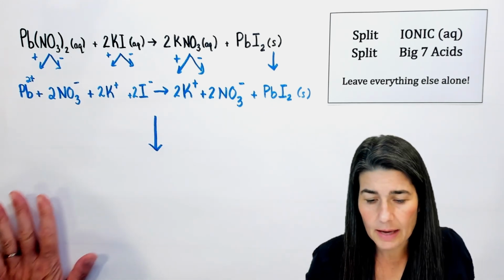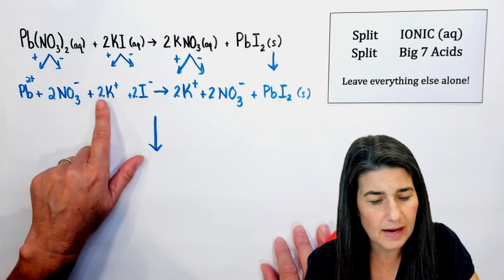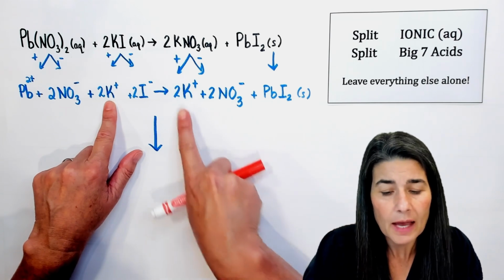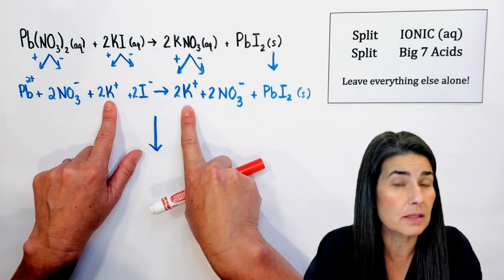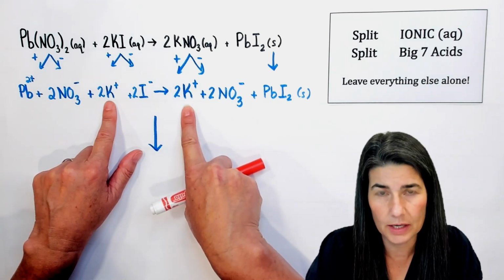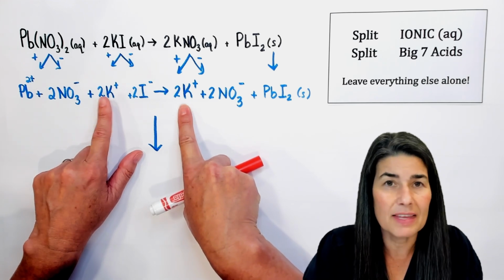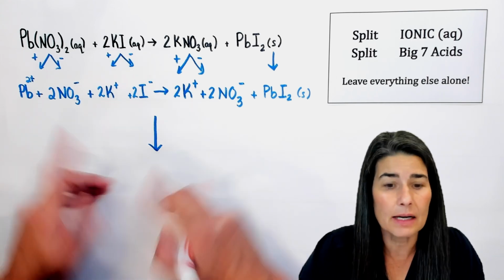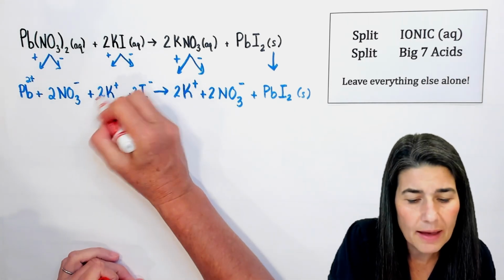So when I look at my equation, I notice that I have two K pluses on the left of the equation, and I also have two K pluses on the right-hand side of the equation. If we have the exact same things on both sides of the equation, like in algebra, we can cancel them out.